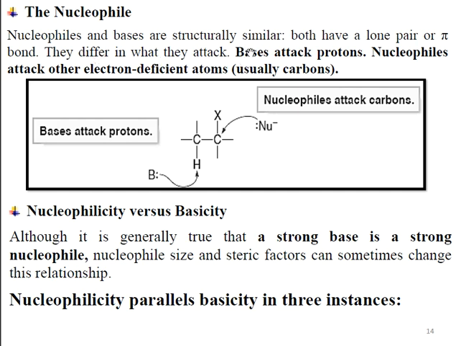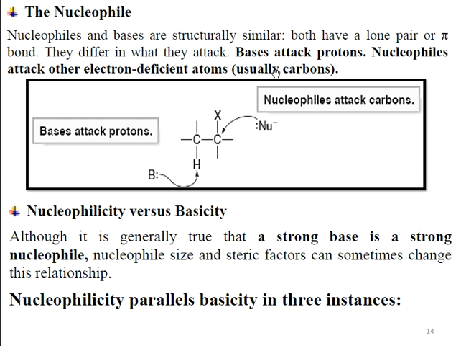The bases just attack the protons, okay? Because in an acid-base reaction, the base attacks the proton: proton donor, proton acceptor, lone pair donor, electron pair acceptor. But the nucleophiles attack other elements, other electron deficient atoms, usually carbon in this reaction.